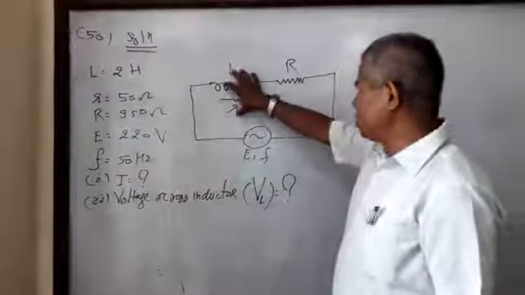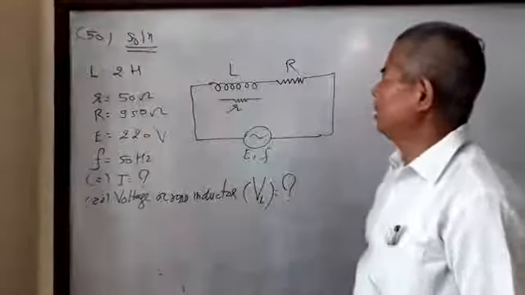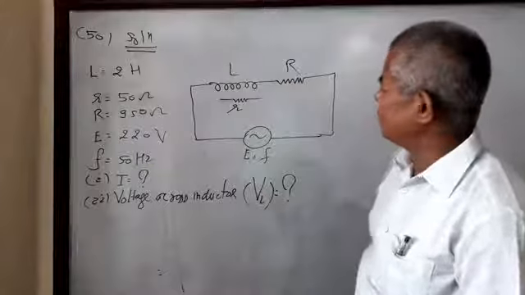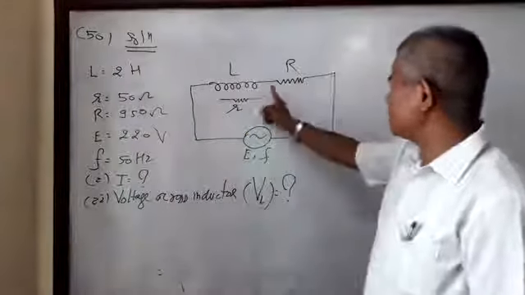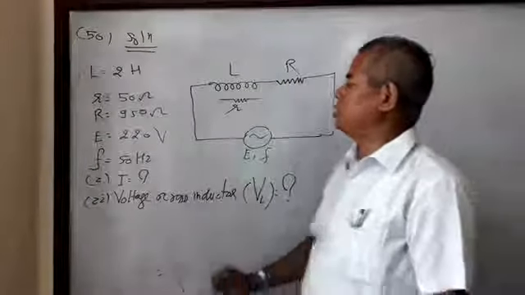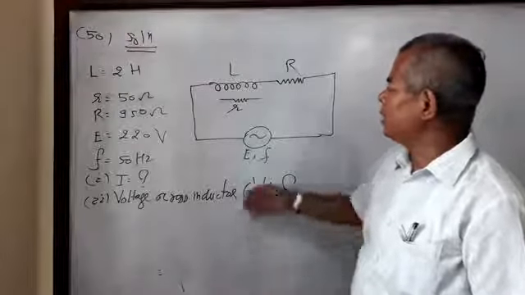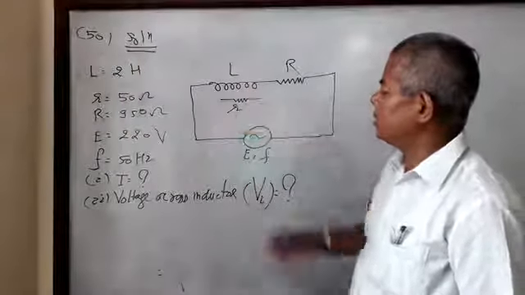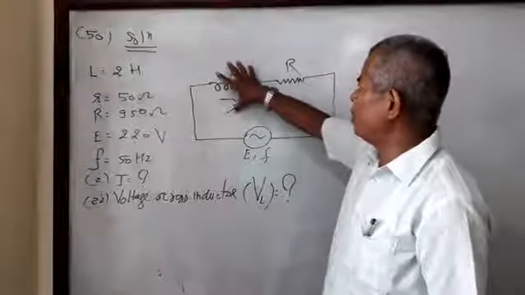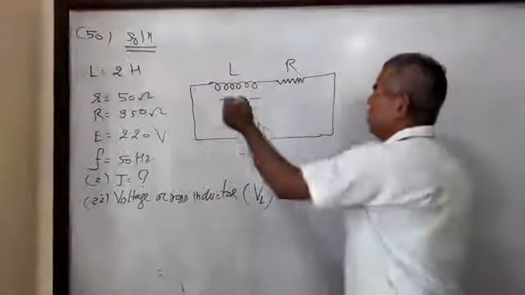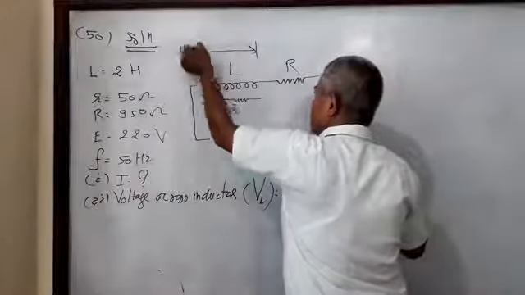It is connected in series with a resistor of resistance 950 ohm, and 220 volt is applied across this combination, whose frequency is 50 hertz. The question asks us to find the current in the circuit, and second, the voltage developed across the coil, that is, across the inductor.